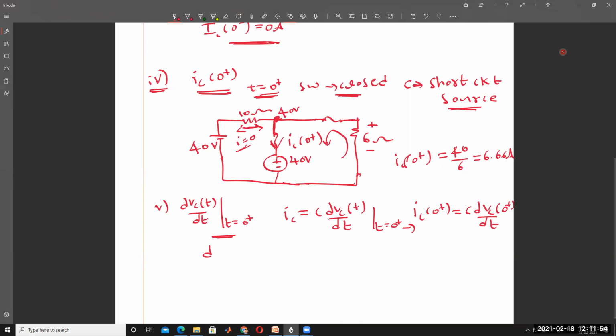Then dVc of 0 plus by dt is equal to IC of 0 plus by C. IC of 0 plus is nothing but 6.66, and C is 4 farads. That is equal to 1.665 volts per second. This is called dVc/dt. It's clear?